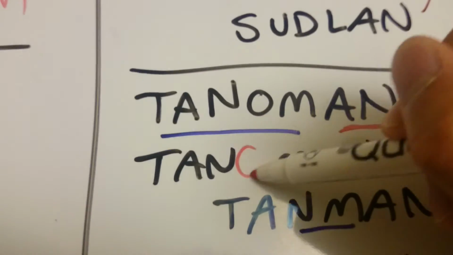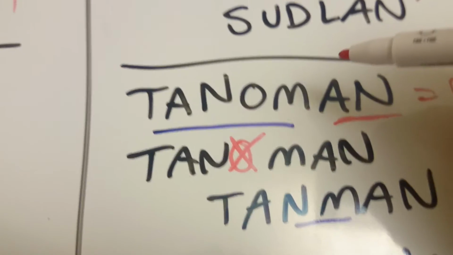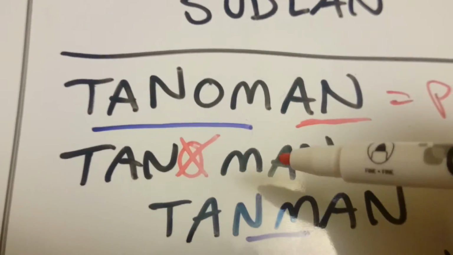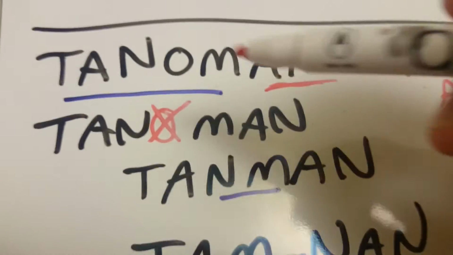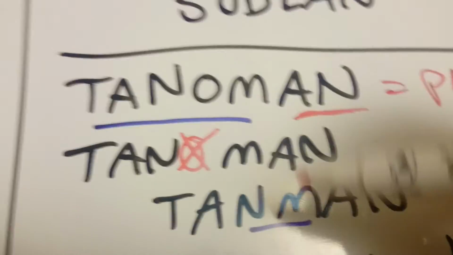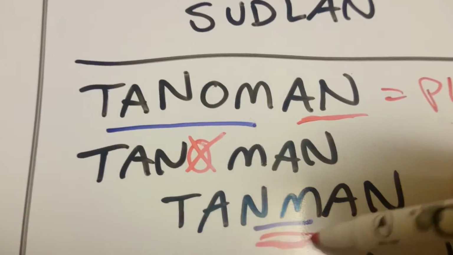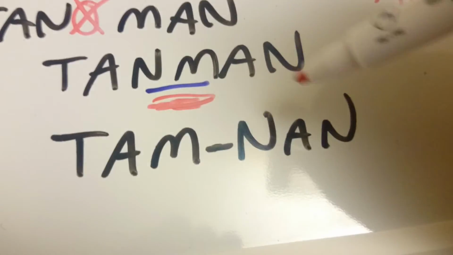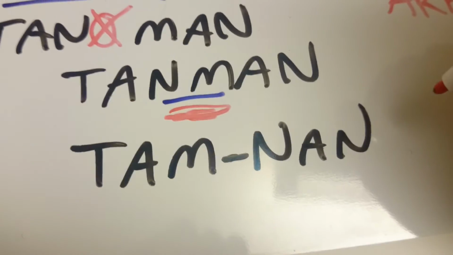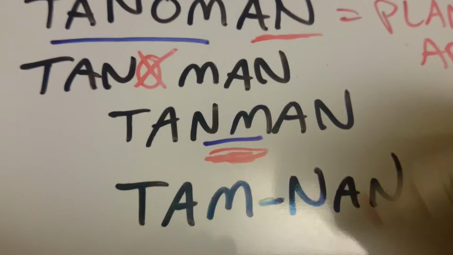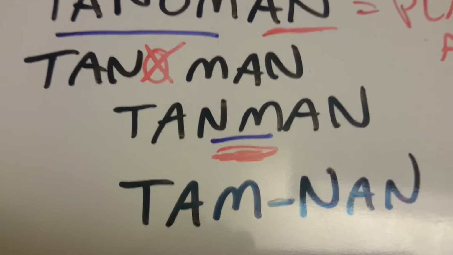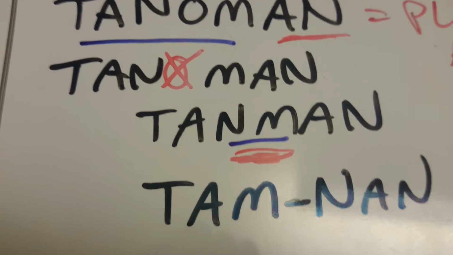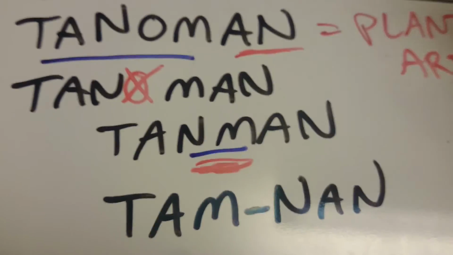So with this one, the O was no longer there. It got deleted, and we get tanman, sorry, tanman. And it doesn't have a good conversational flow again, so these two phonemes, the N and the M, change to tamnan. Tamnan, they just change because it has a better conversational flow, or it sounds, I guess, more grammatically sound.